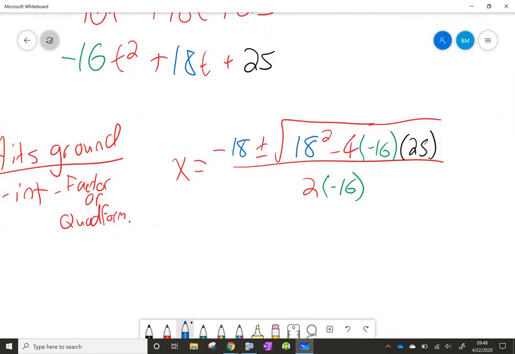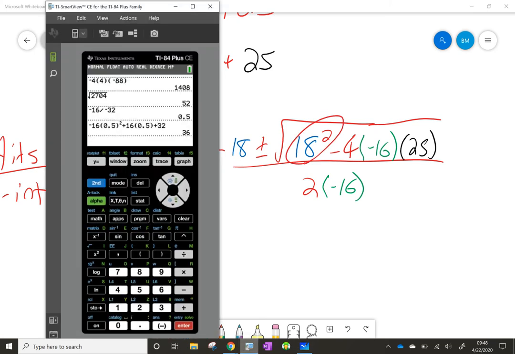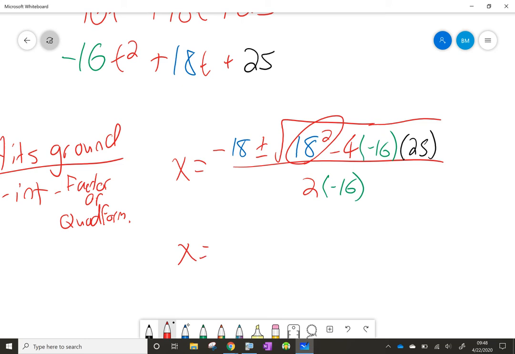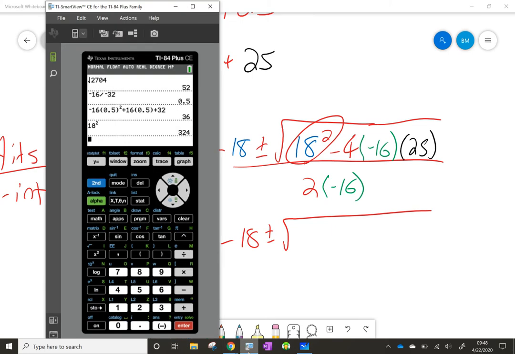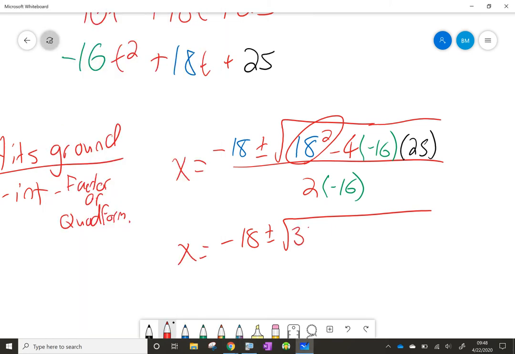So let's just calculate this all out. First thing I want to focus on is, of course, inside the radical, 18 squared. We take our calculator, hit 18 times 18, and we get 324. So we have negative 18 plus or minus the square root of 324. The second part, minus 4 times a c.